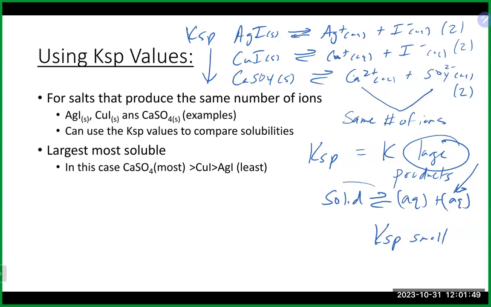That would mean more reactants at equilibrium, which means more solid, so it would be more insoluble. So if we compare the KSP values of these 3, calcium sulfate has the largest KSP value, which means out of those 3 it would be the most soluble. And silver iodide has the smallest KSP value, so it would be the least soluble.